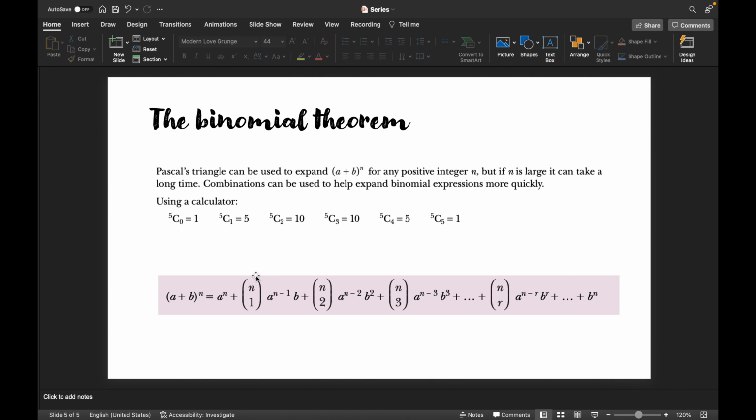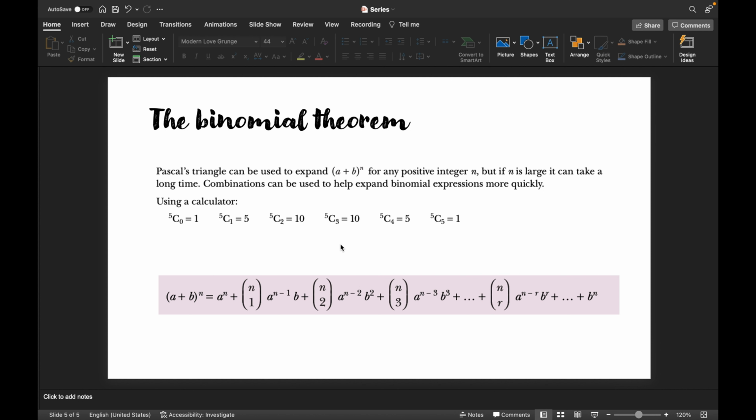If you're trying to find the coefficient for the second term, we do 2 minus 1, which is 1. If you want to find the coefficient for the fifth element, it's going to be 4, because 5 minus 1 is 4. So you do nC4 and so on. This is very similar to finding combinations in that chapter. You just have to plug this into your calculator.